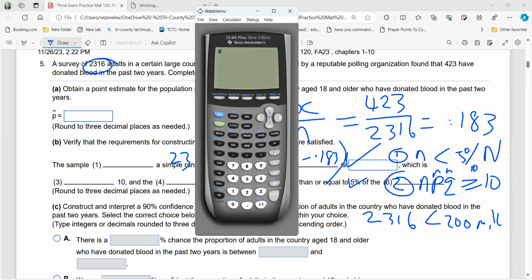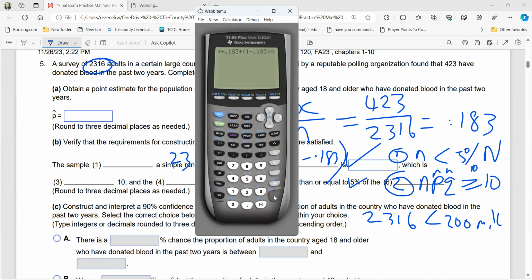So 2316 multiplied by the point estimate, which is 0.183, then multiplied by, I'm going to use parentheses here, 1 minus Q hat, which is 1 minus 0.183, close parenthesis.